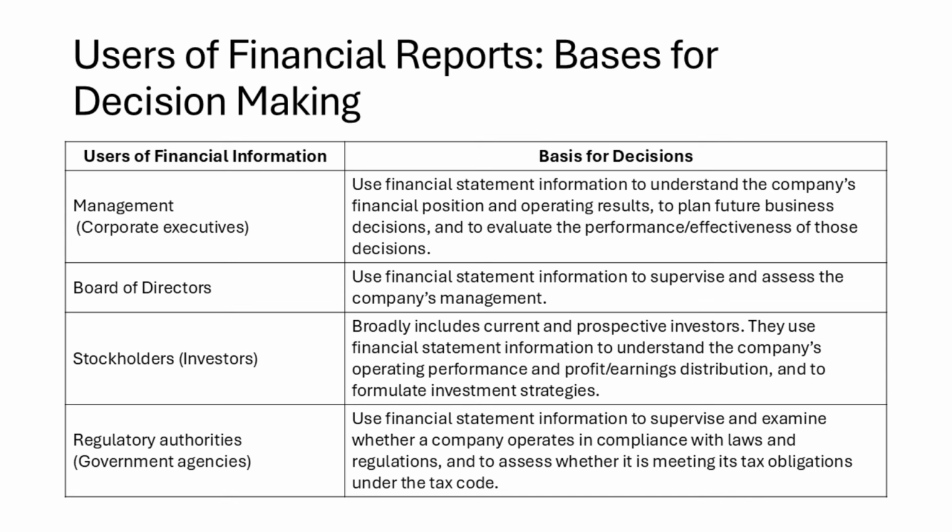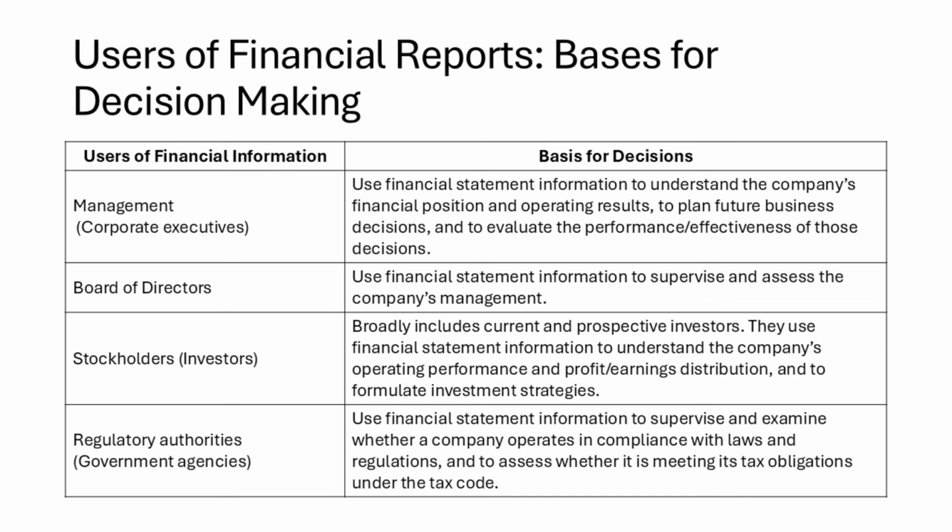Next are regulatory authorities. Basically, this is the government. The government is the supervisor, examining whether the company's operations are in compliance with laws and regulations, and assessing whether it is meeting its tax obligations under the tax code. So this is the government, its role, and its decisions.